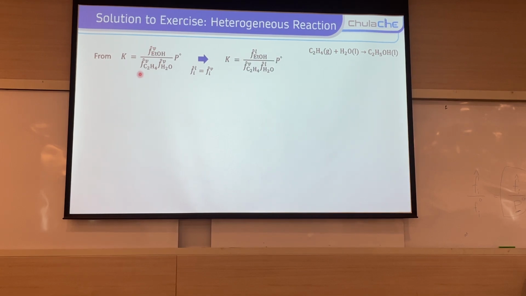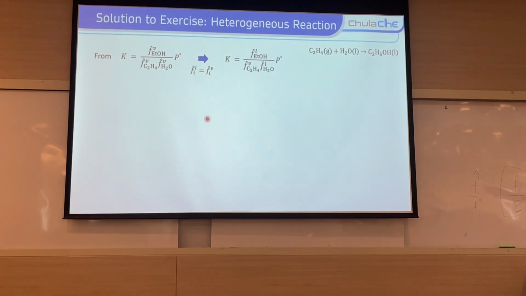Now actually for this equation you have already determined the equilibrium constant. The next thing that you have to do is clarify the fugacity of each species here, which is equal to what term in the mole fraction.